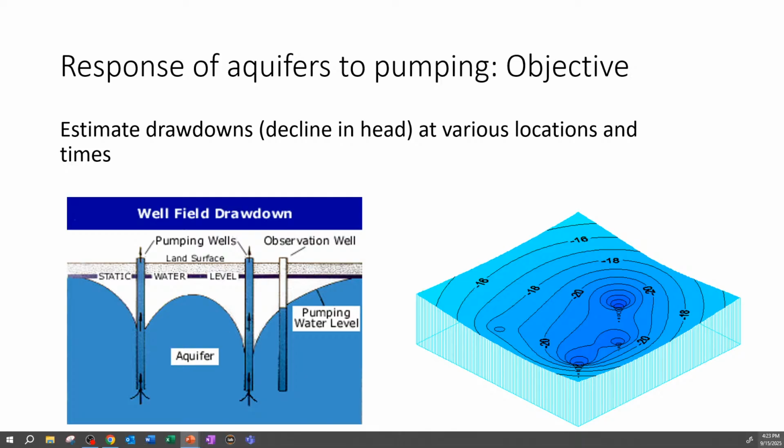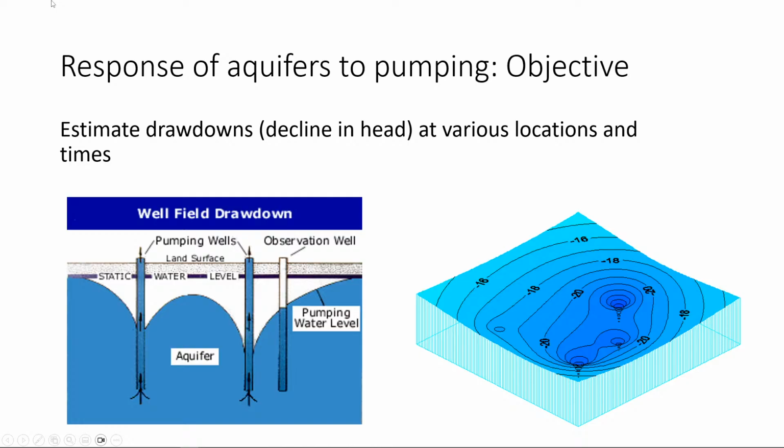What you see here is two pumping wells: you have one pumping well here and another pumping well here. This was your original water table, and after you pump, you see here is where you get the maximum drawdown, and for this well, this is where you get the maximum drawdown.